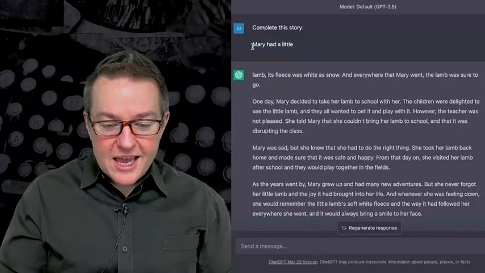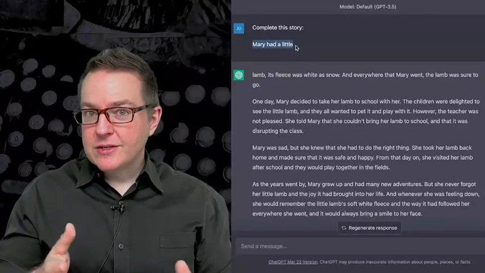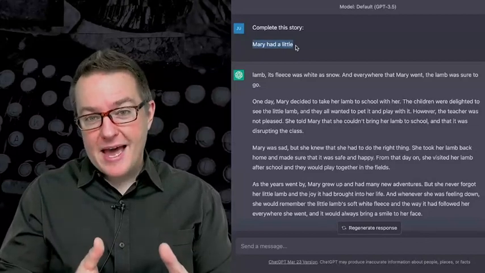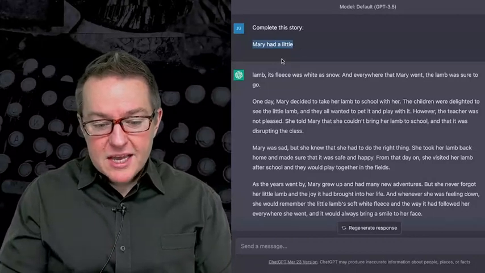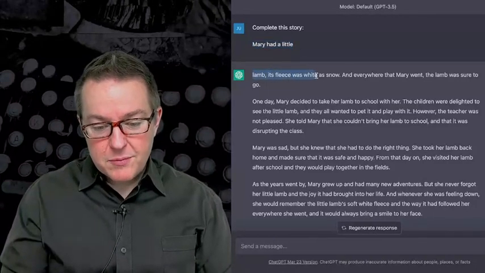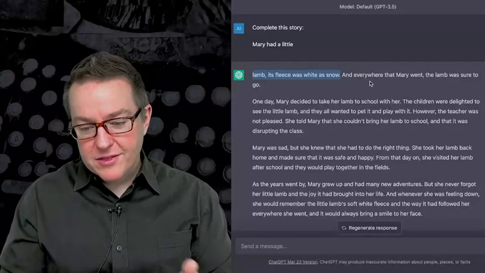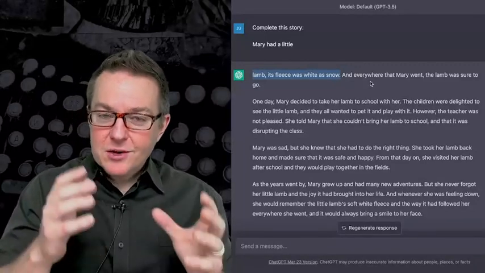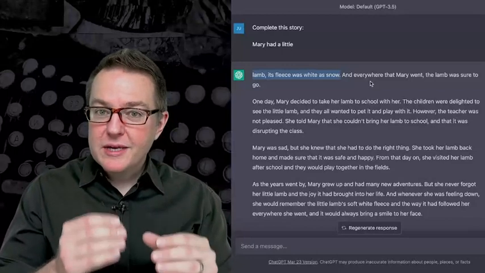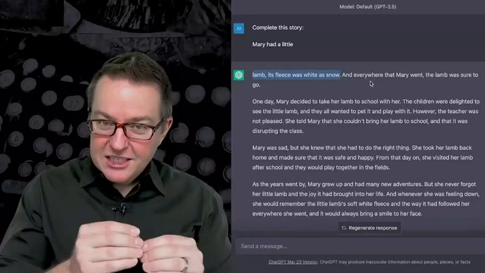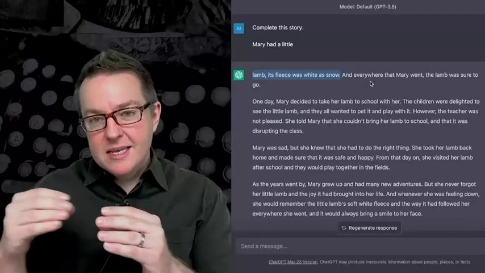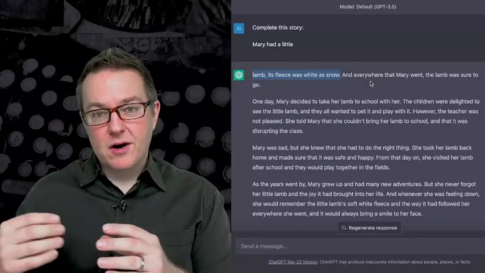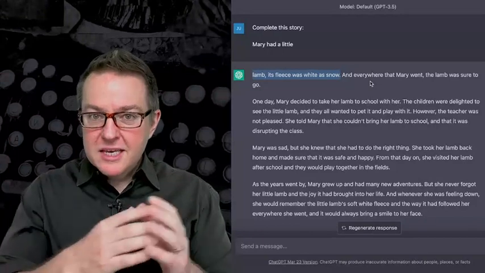So when I say Mary had a little, that is a very powerful pattern that ChatGPT has seen many, many times. And so it immediately tries to pick up with lamb, its fleece is white as snow, and everywhere that Mary went, the lamb was sure to go. When I put in the first part of it, it immediately responds with the next part of the sentence. It knows where to pick up.